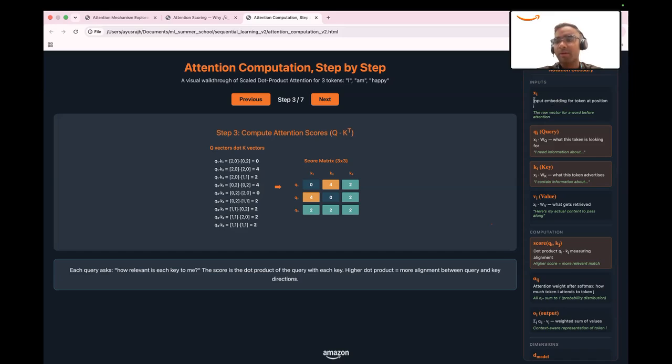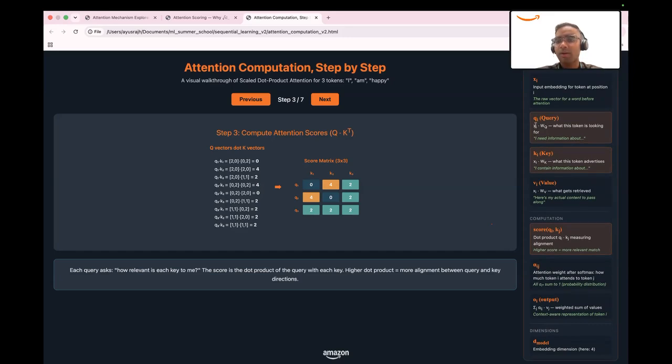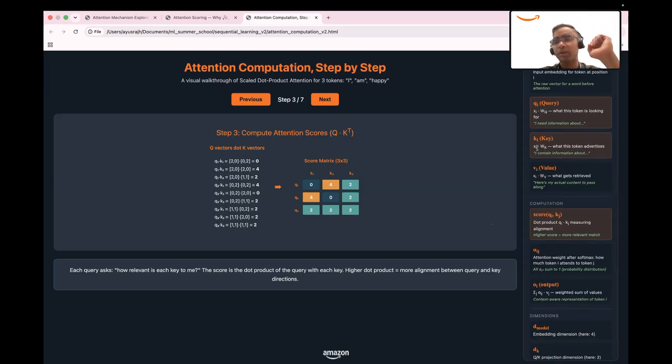Let's take an example. I have an input embedding xi. I multiply it by my wq to transform it into a query vector. I multiply it by wk to get a key vector. Intuitively, you can say that the query vector says how am I going to be related, or what information I would be needing from other key vectors.